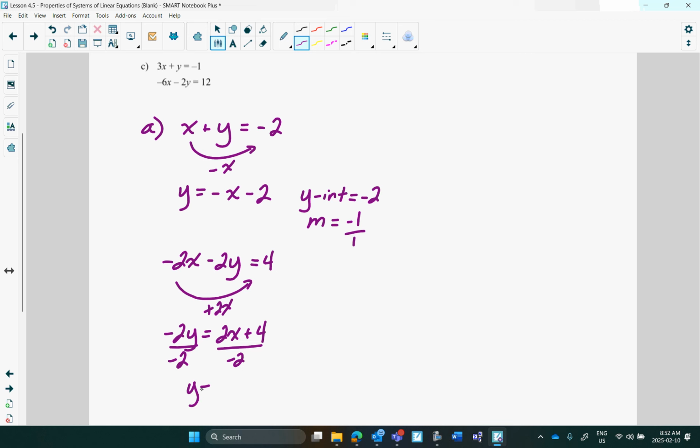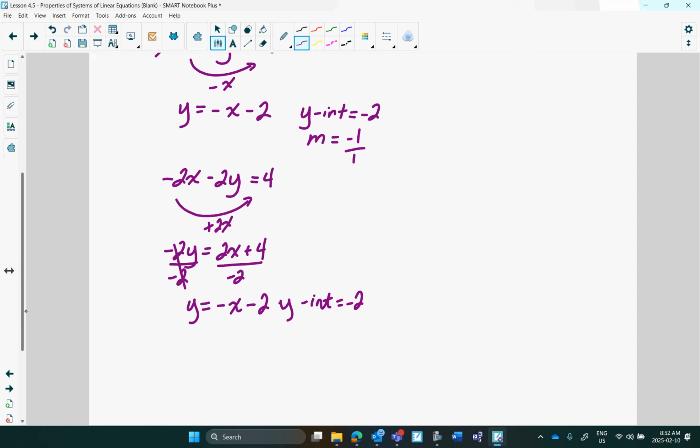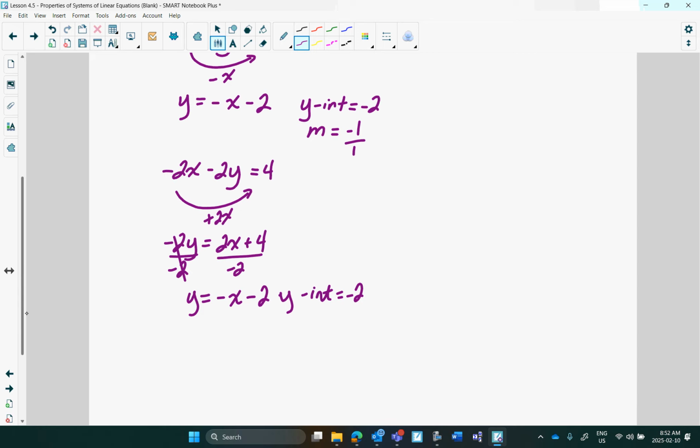So I get y equals, those cancel, negative 1x or negative x minus 2, which has a y-intercept of negative 2 and a slope of negative 1 over 1.